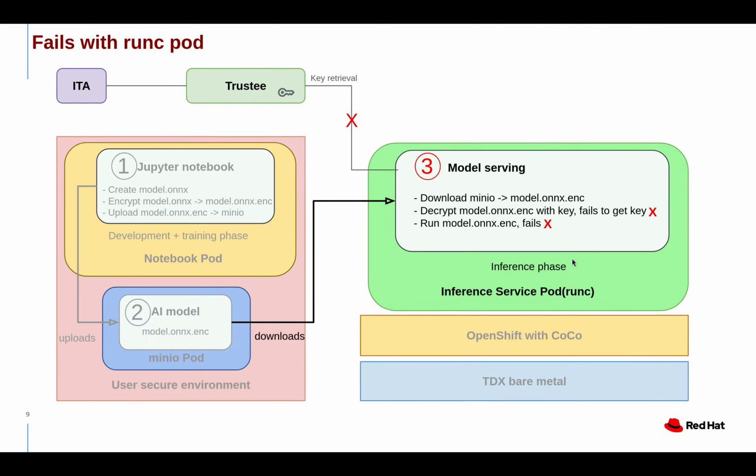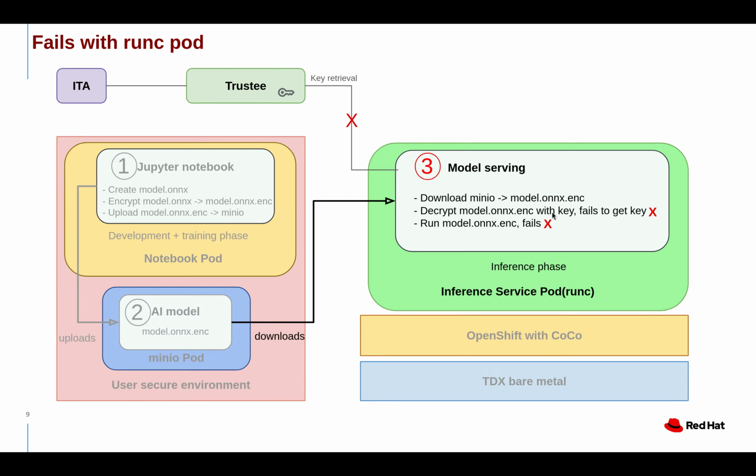Also, in our demo, we will show a non-CoCo pod. The default runtime class of OpenShift is runC, so we name it the runC pod. The first phase and the second phase are the same. The difference is in the third phase. After the encrypted AI model is downloaded, it needs to retrieve the key from the Trustee. However, the runC pod is not in a TEE environment, so it fails to perform the attestation, and it fails to get the key.